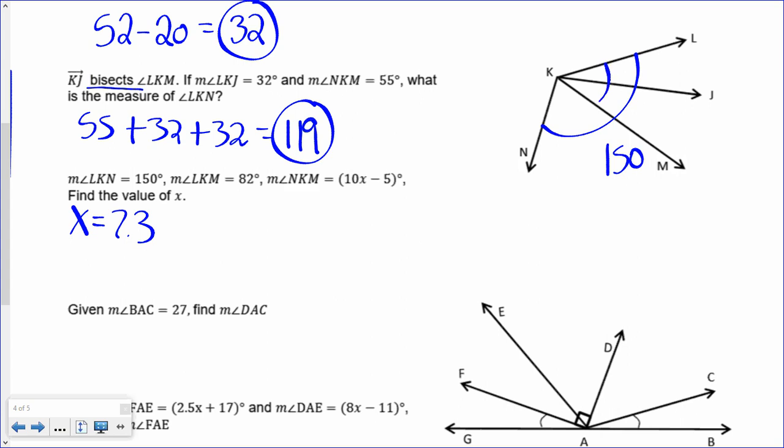I know that this angle right here is 82. And then I know that this right here is 10x minus 5. All right, so how am I supposed to find x?